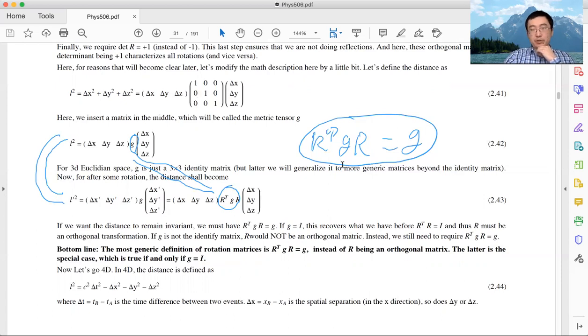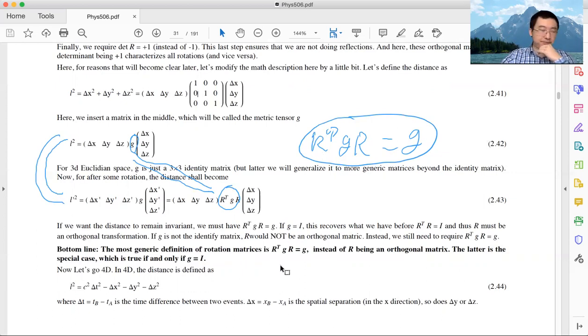This is very similar to what we learned in quantum mechanics. In quantum mechanics, if we do a change of basis, the quantum operator behaves like this. And this condition in quantum mechanics means we want the quantum operator to be invariant under change of basis. Here, it means we want the metric tensor to be invariant under the rotating of coordinates.